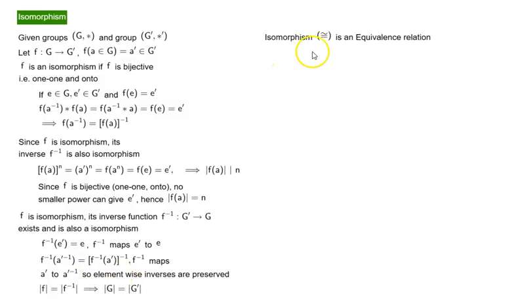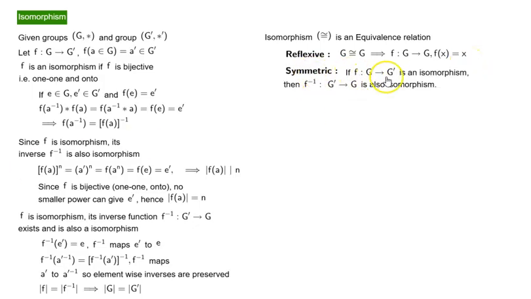Okay. Now, isomorphism is an equivalence relation. To show that it is an equivalence relation, we have to show what? That it is reflexive, it is symmetric, and it is transitive. Reflexive means what? To itself. So G is isomorphic to G implies that F maps G to G, where F of X equals X. It is also symmetric. If F mapping G to G prime is an isomorphism, then F inverse mapping G prime to G is also an isomorphism.